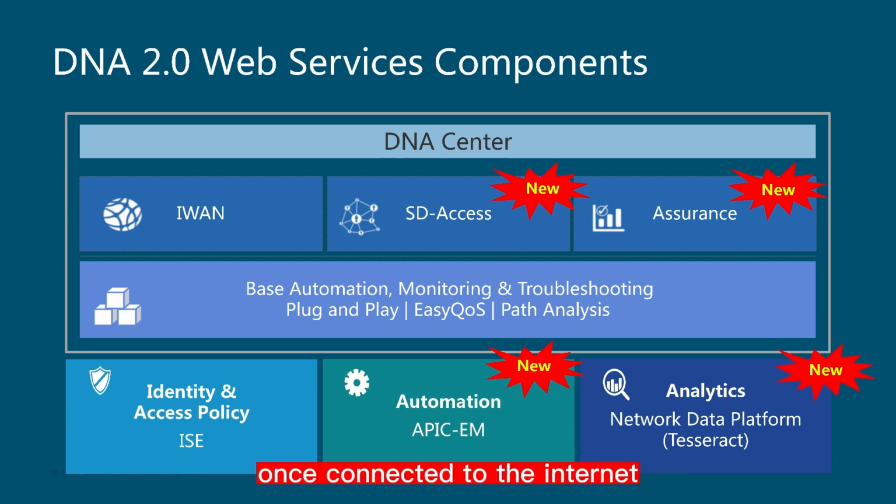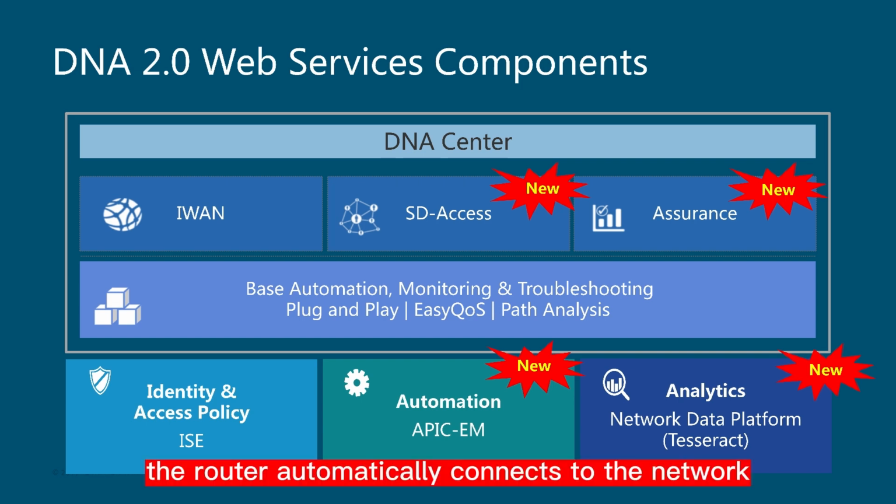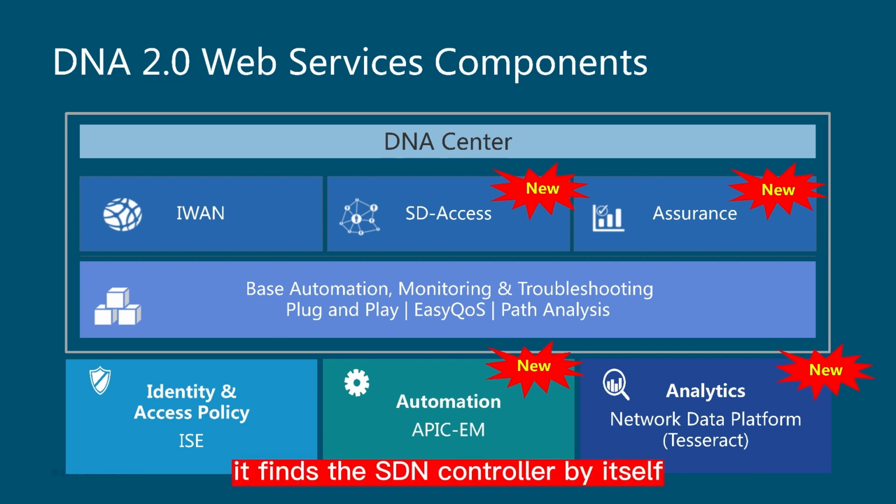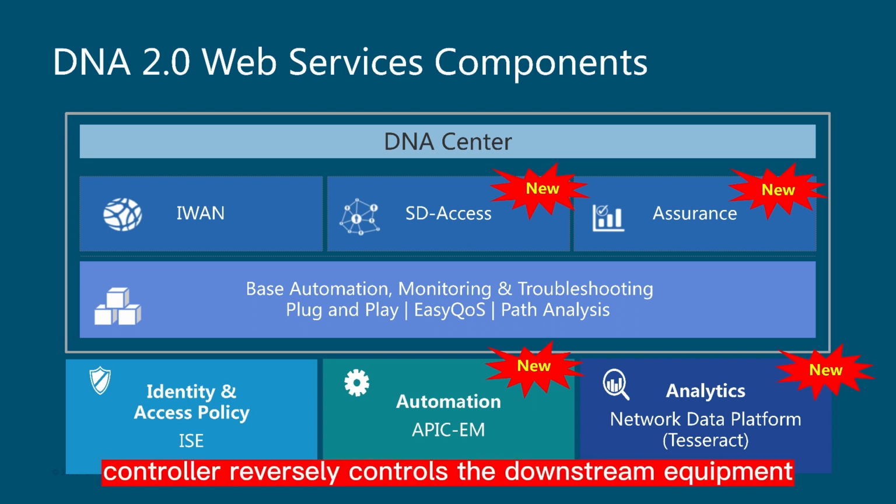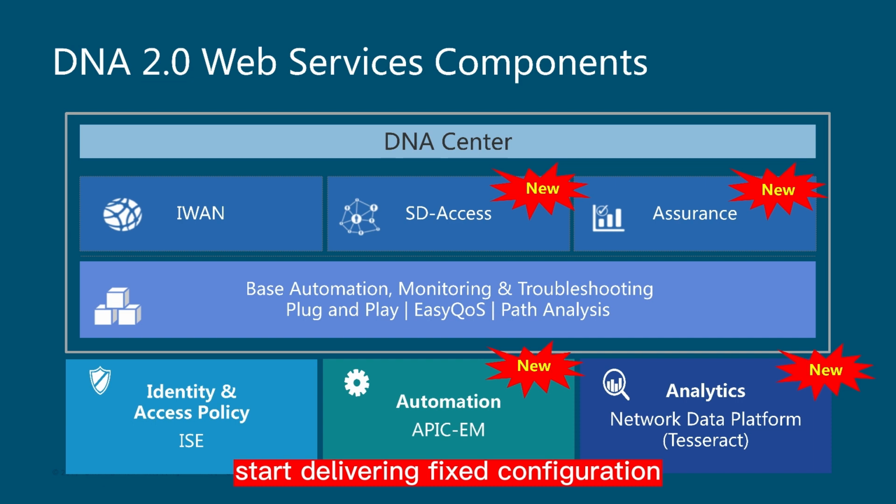Once connected to the internet, it can talk to you. This is called automation. The router automatically connects to the network. It finds the SDN controller by itself. The SDN controller reversely controls the downstream equipment. Start delivering fixed configuration. It's called plug and play. You don't need to configure it anymore.